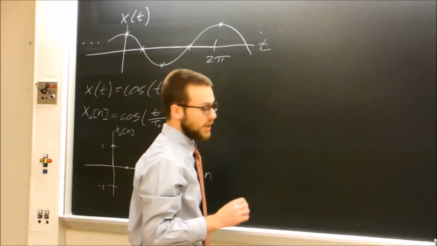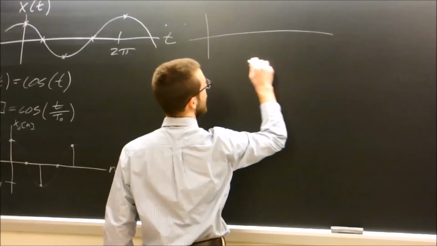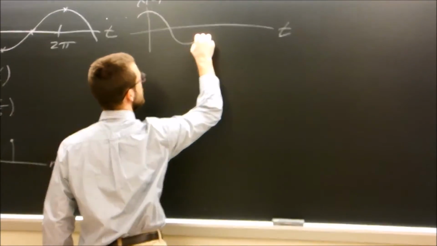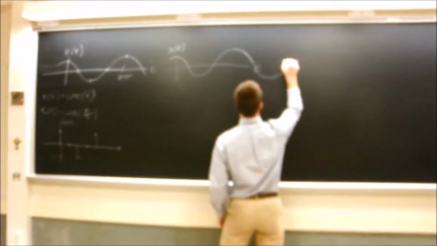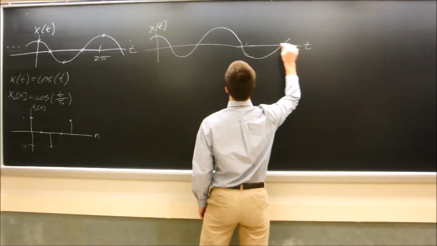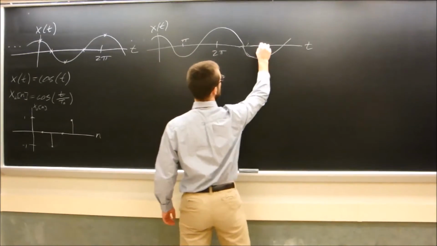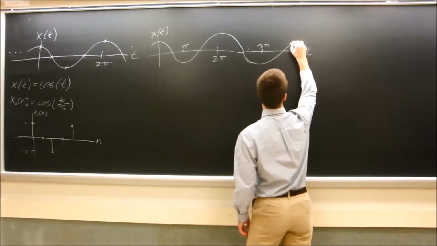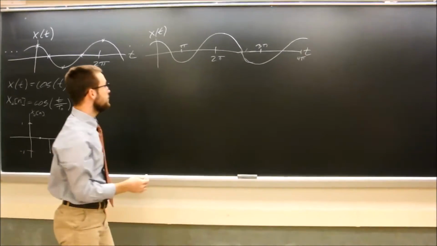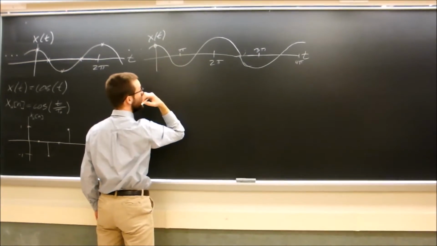Now, if we change our sampling period, I'm going to redraw t and x of t. I'm going to draw it a little bit longer, actually. So this is going to be pi, 2 pi, 3 pi, all the way to 4 pi here. Now imagine sampling, and I'll use a circle to indicate it's a little bit different.